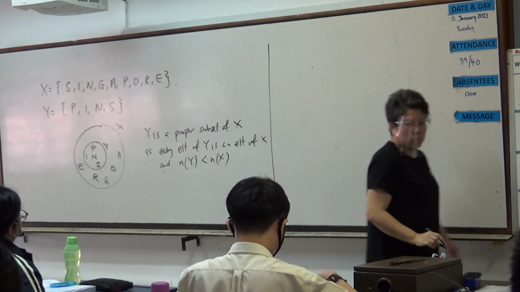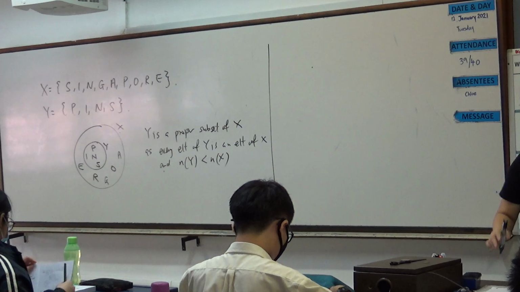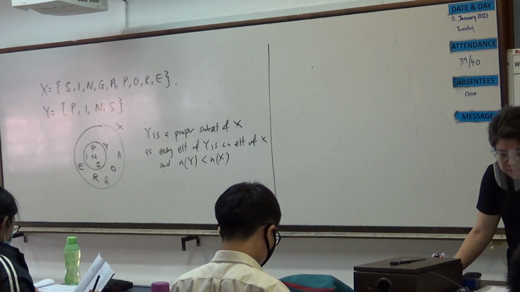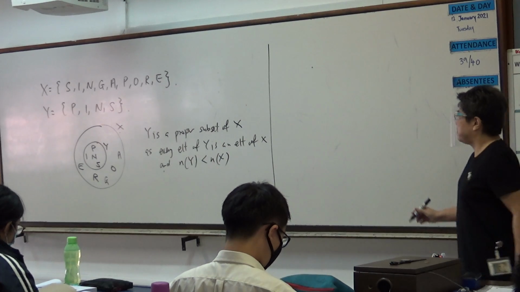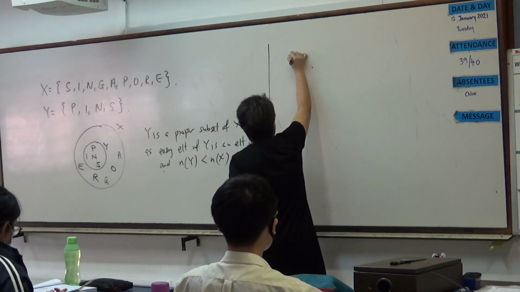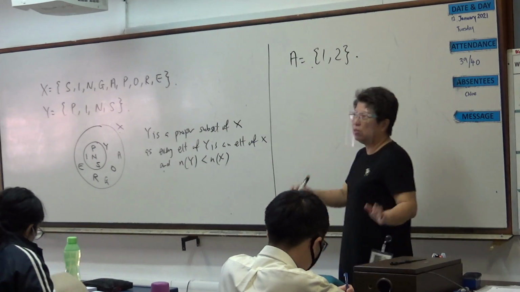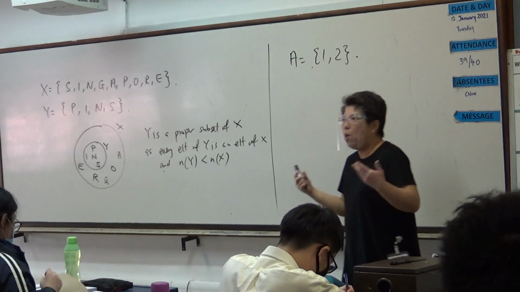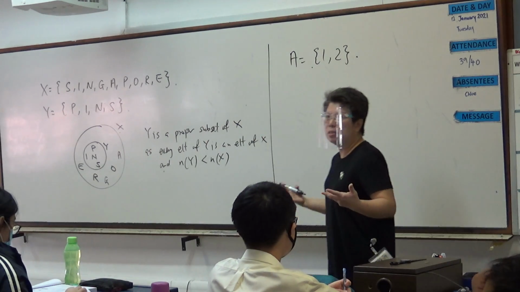Now, next. Can we look at page 12? Remember yesterday I asked you to write that the null set and the set itself are subsets of the set. What do I mean by that? Supposing I have a set A which consists of 1 and 2. What are the subsets of it? All of you look up here please.